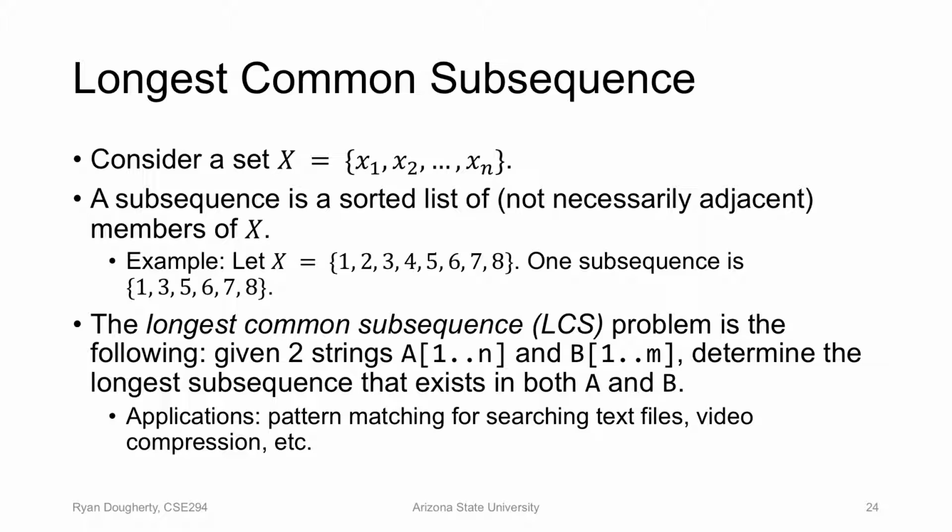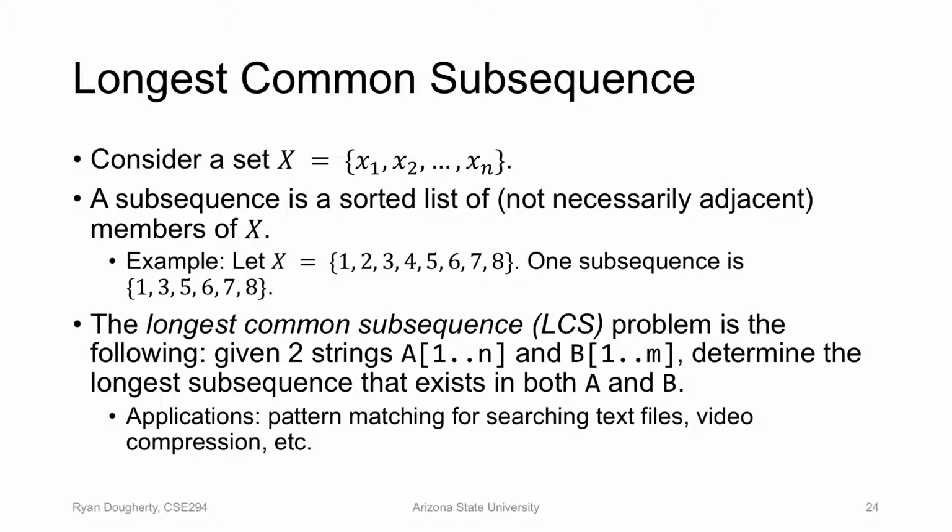Does anyone work with video? Okay, so in video, when you want to send HD video over YouTube or something like that, you don't send the raw video because that's wasting a lot of bytes. What you notice is that between two consecutive frames, not a lot of pixels change.